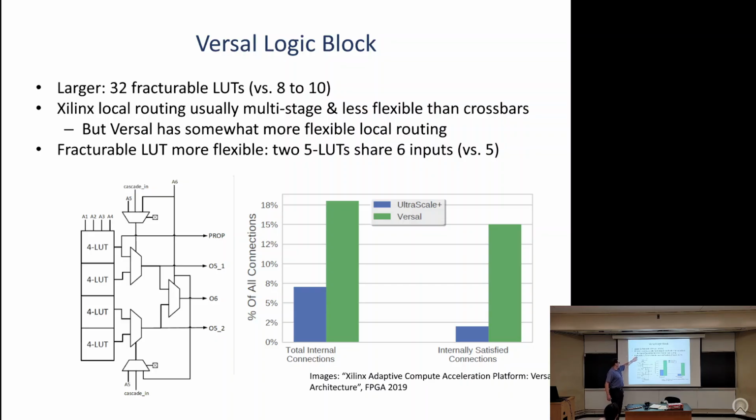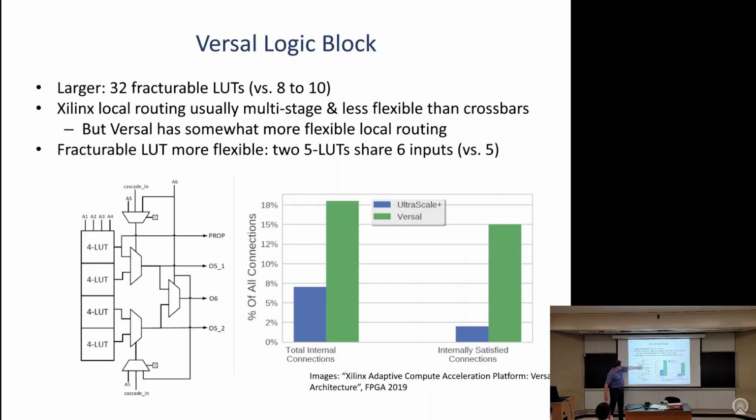And again, the Versal logic block also made their 6-LUT a bit more flexible. So this is a picture of it, and it might be a little too complicated. But basically, if you count it carefully, they now have a total of 6 inputs that are usable when you're in 5-LUT mode. Basically, you got 4 shared inputs here.